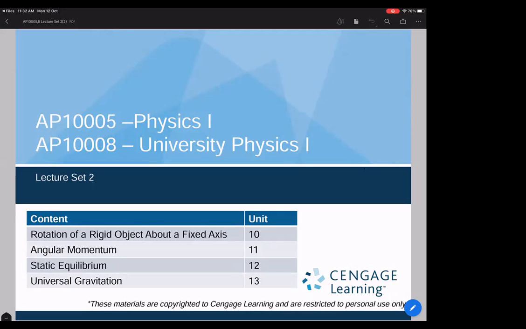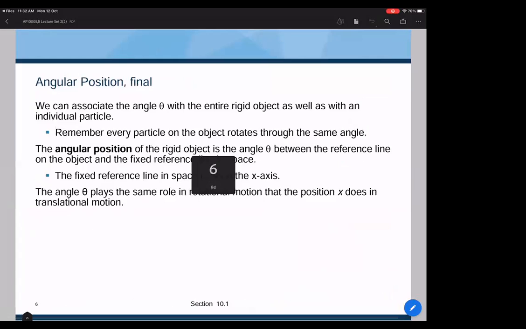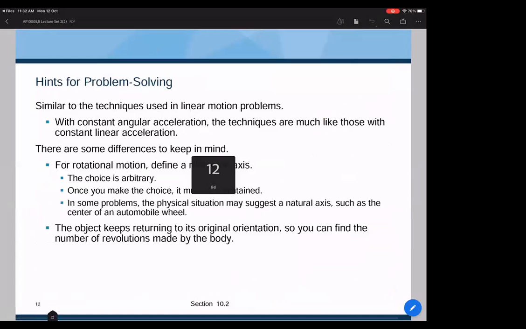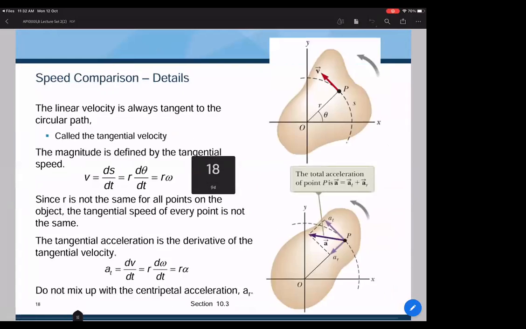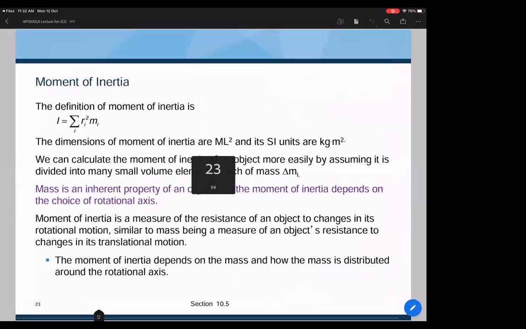And because of the shape, there would be a difference in their rotational inertia. And that is the topic of the moment of inertia. So we have talked about it for quite a long time. The moment of inertia is related to the inertia of an object during the rotational motion about a certain axis.